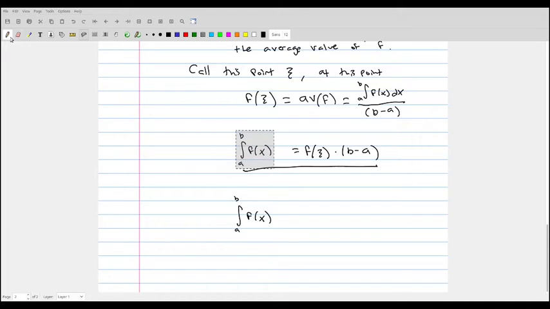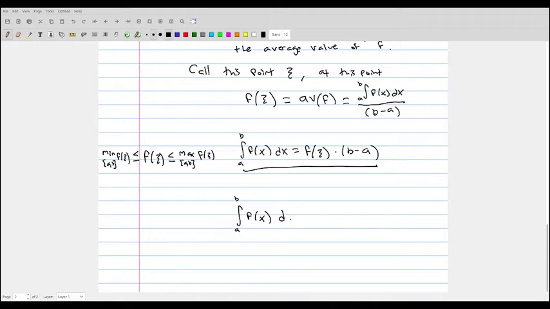So if at some point the integral from a to b of the function is equal to the function at some point times b minus a, well, that value of the function, f of xi, will always be bounded above by the maximum value of the function over the interval from a to b, and it's bounded below by the minimum value of the function from a to b.